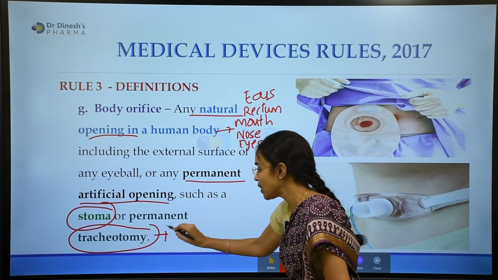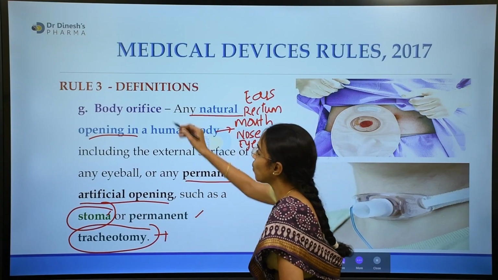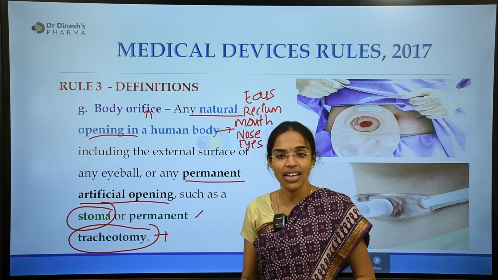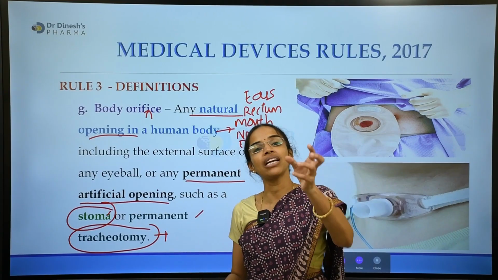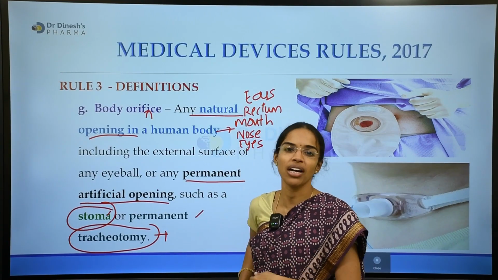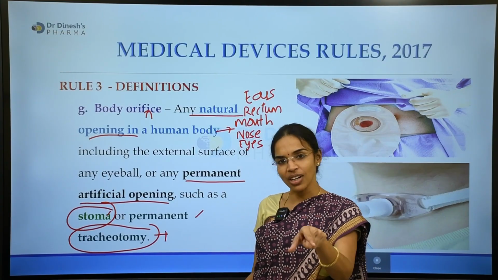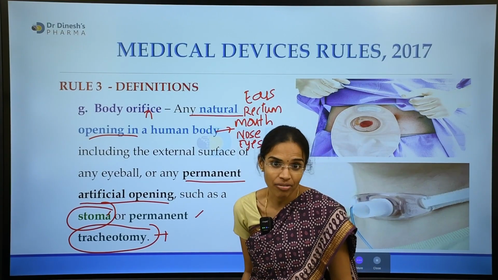In this case, these are also considered under the body orifice. Not only the natural body orifices, these permanent artificial openings like stoma and tracheotomy openings are also considered under the body orifice.